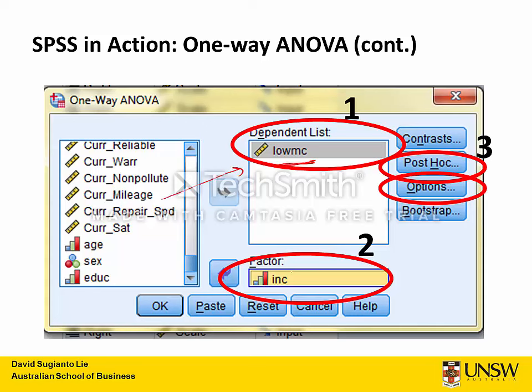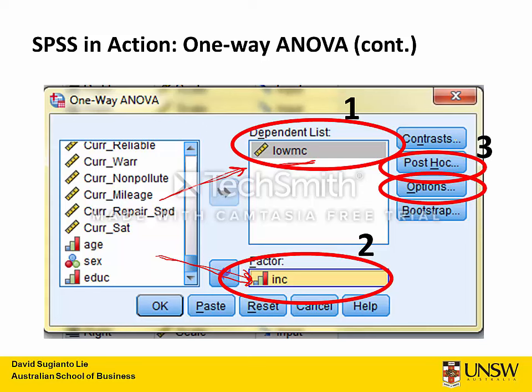And what factor do you want it to differ by? It differs by income, so you drag income into this box. I repeat: the first one, low maintenance cost, goes in here, and the second one, income, goes over here.